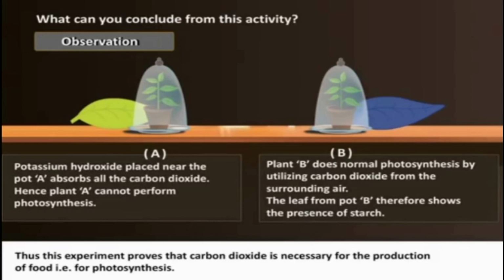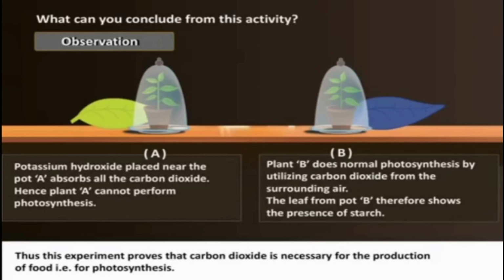The leaf from pot B shows the presence of starch. Both pots are covered, but in B the surrounding air contains carbon dioxide, which goes inside the plant leaf and the leaf changes to blue-black. So it shows that carbon dioxide is also very important for the process of photosynthesis.